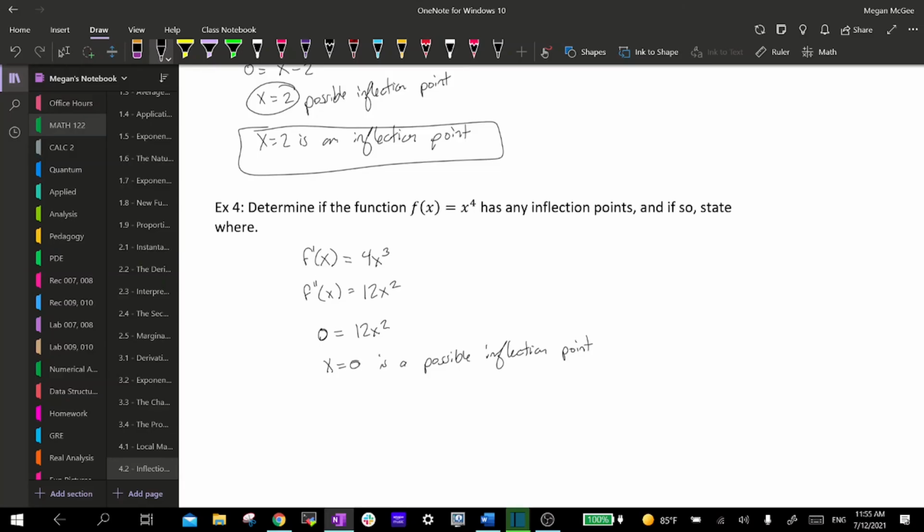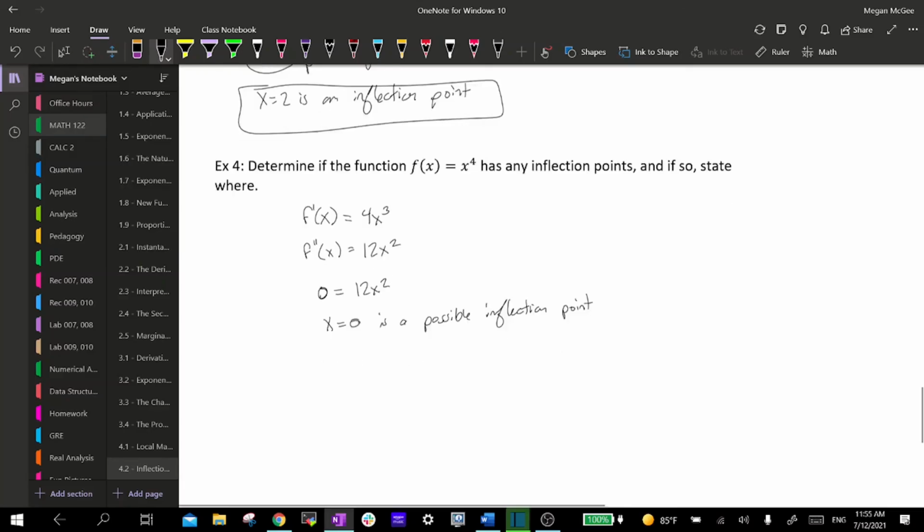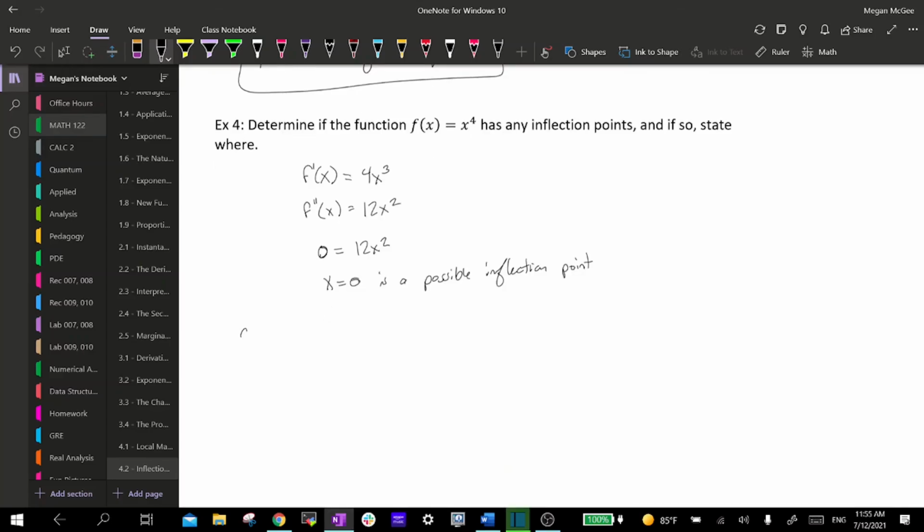All right. But we need to check either side of x is equal to 0. So we're going to check x is equal to -1. So we'll look at the second derivative evaluated at -1, and we get 12 times -1 squared. Well, -1 squared is +1 times 12 gives us 12, which is positive.